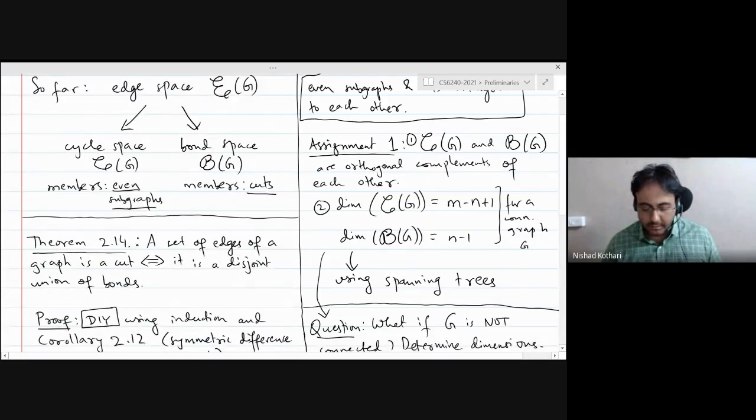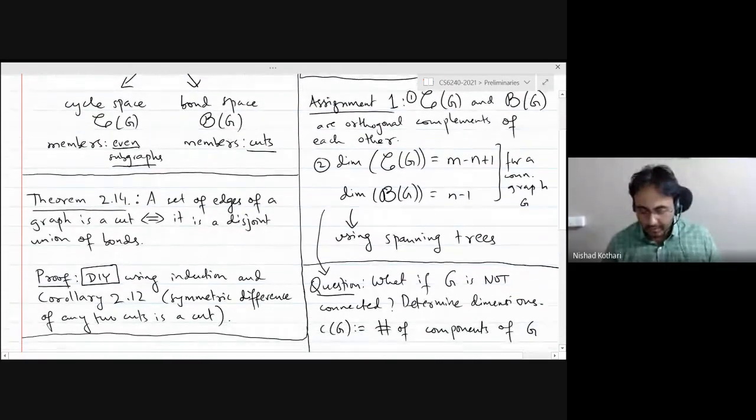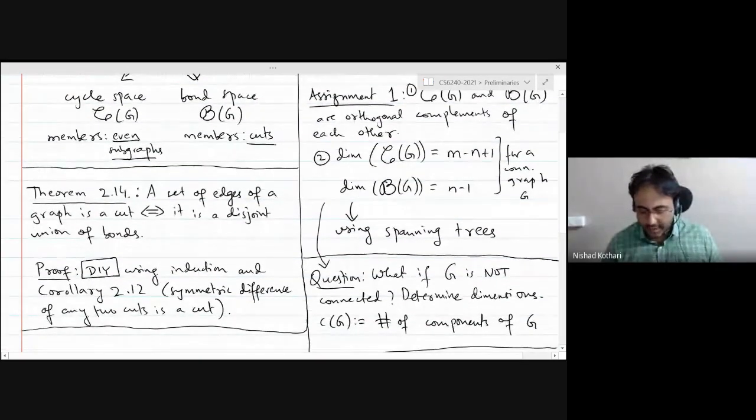And you will also be using spanning trees to show that the dimension of the cycle space and the dimension of the bond space for a connected graph is m minus n plus 1 and n minus 1 respectively. Okay. And the question, of course, arises, what if the graph is not connected? Then you can think about it yourself.